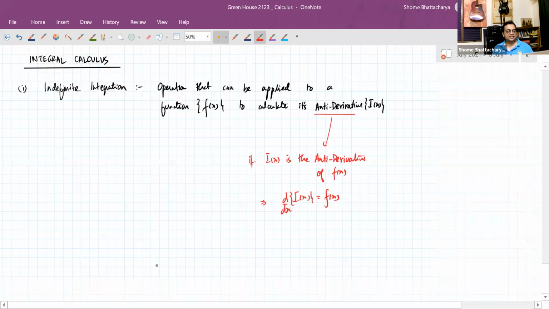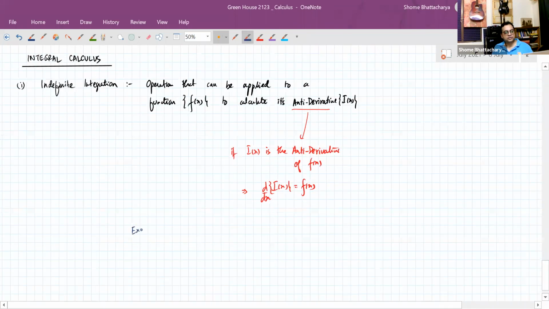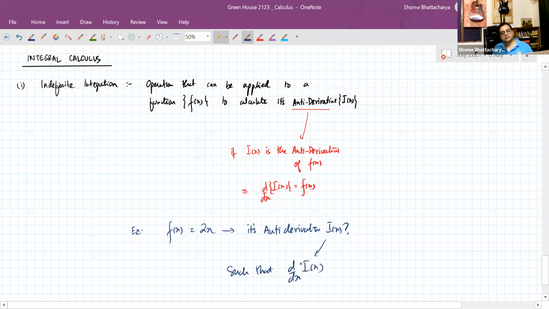When I explain it with an example, it will become clear. So suppose f(x) is 2x. Then its antiderivative, let's say I(x), is such a function that differentiation of I(x) should give me f(x), or 2x.